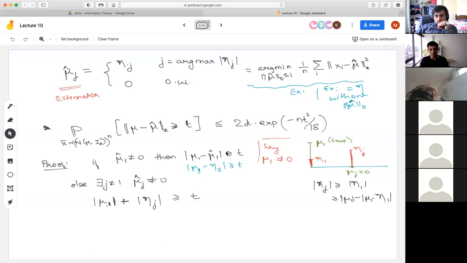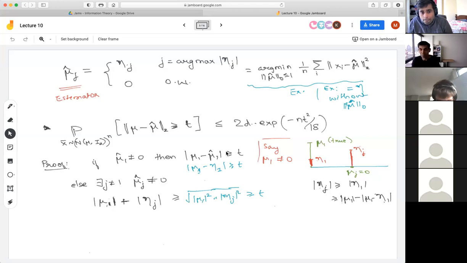So instead of writing the 2 norm, I can write down the sum of the 2 entries, just because if square root of a square plus b square is large, then a plus b is also large for non-negative a, b. Right, because the 2 non-zero entries in mu minus mu hat in this case will be mu1 and eta j.